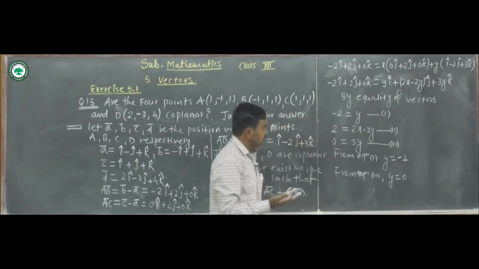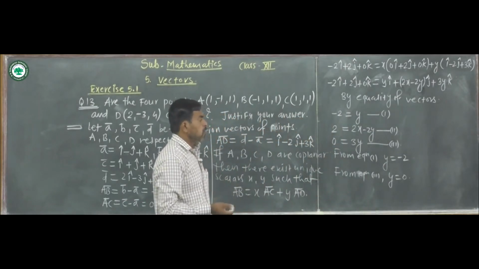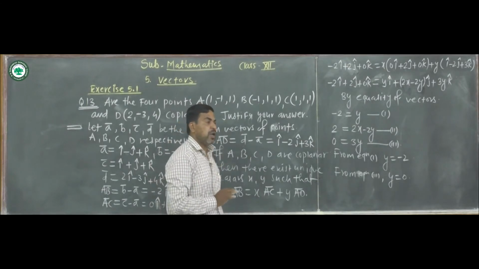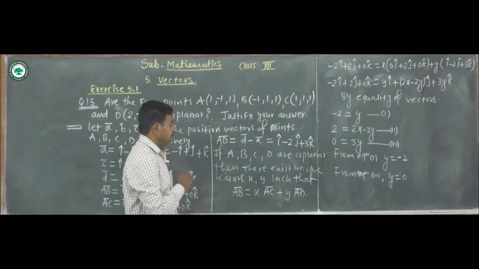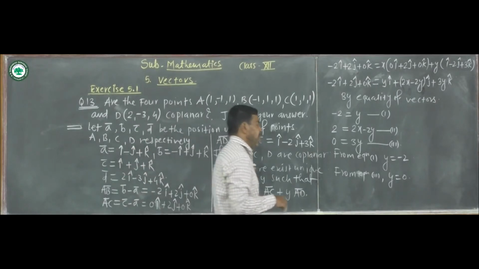Here we get two values of y, one is 0 and the other is minus 2, so we can't get unique values for y, so therefore AB bar, AC bar, AD bar, these three vectors are not coplanar.